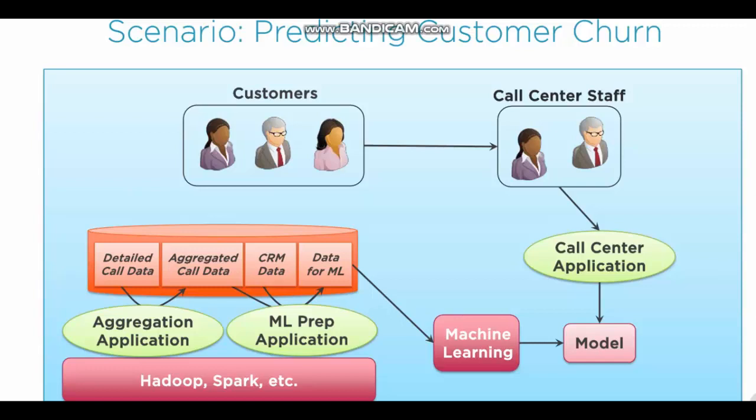This data might be running on various platforms, it may be Hadoop, Spark or anything, and based on the pattern which they have constructed, they will predict whether the customer is going to switch to a competitor or not.